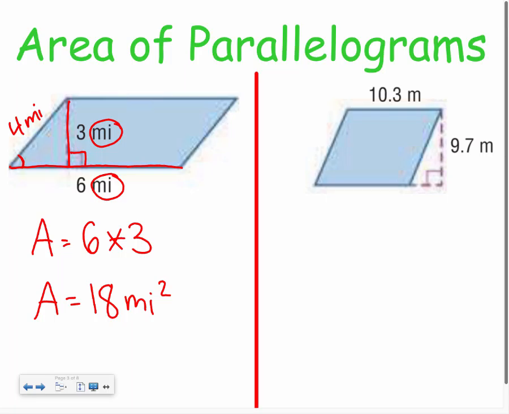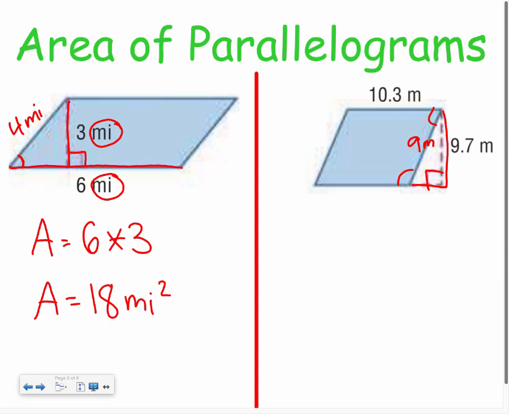If we move over to the figure on the right, again, notice that between the two measurements they give us is a right angle. If it gave us 9 meters on the inside, we again could not use that for the height because it does not form a 90-degree angle with our base measurements.